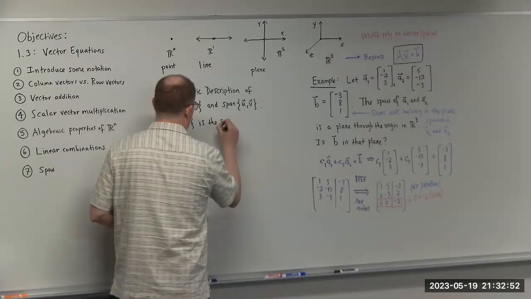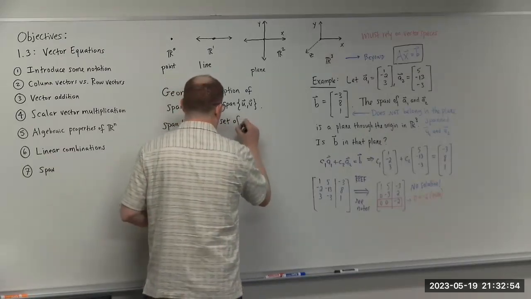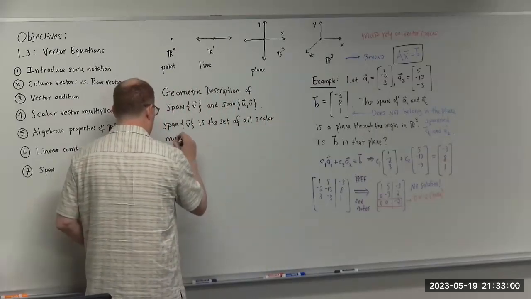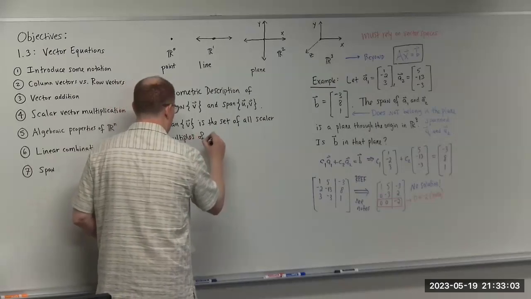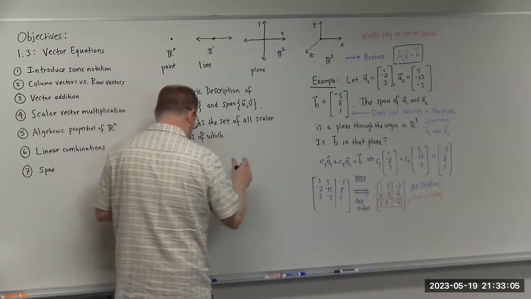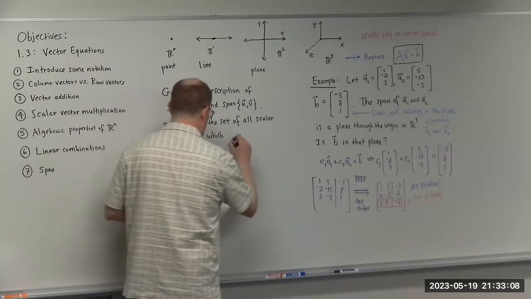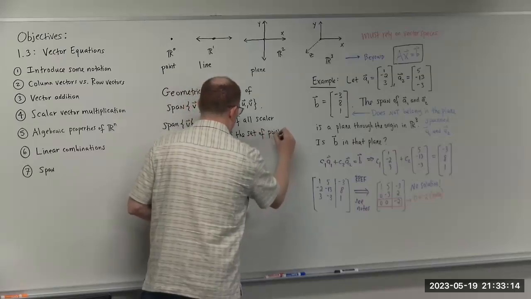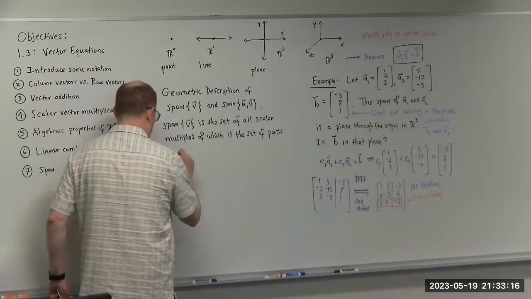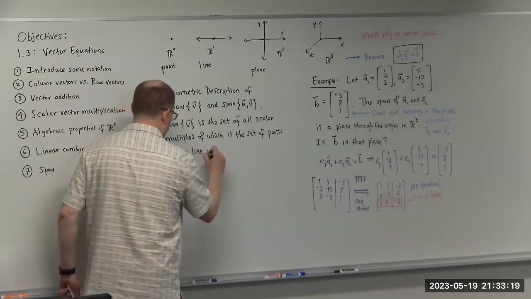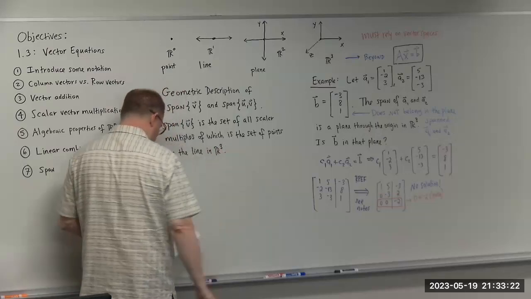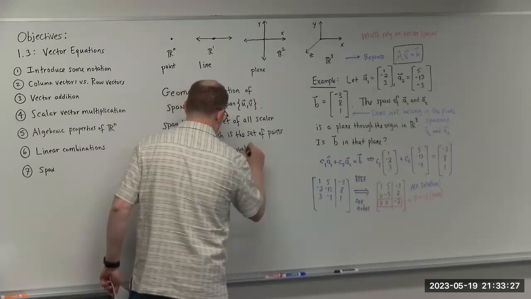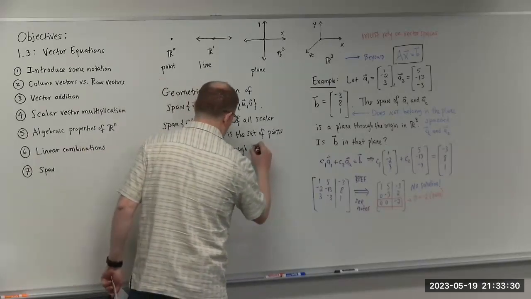is the set of all scalar multiples, which is the set of points on the line in R3 through the vector V and the origin.